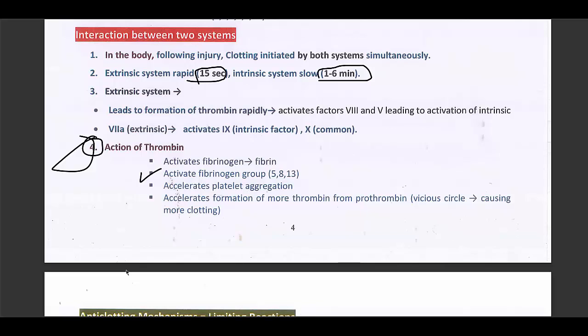Yes, more thrombin, it's positive feedback. Positive feedback means more thrombin helps to release more thrombin, like this. So there is increased thrombin in all steps.